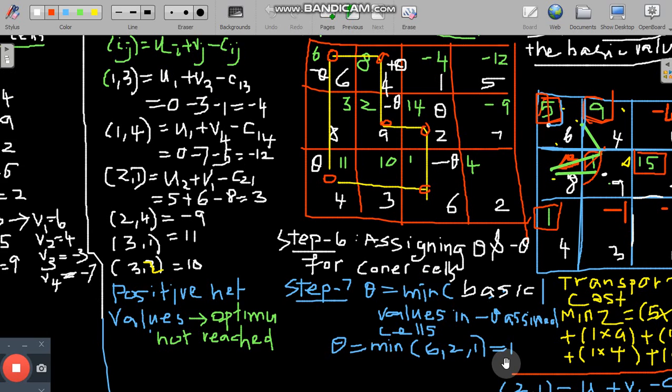Among them, the minimum is 1, so we substitute theta equal to 1. We got 6 minus 1, 5, and here 8 plus 1, 9, here 2 minus 1, 1, and here 14 plus 1, 15, and then here 1 minus 1, 0. Like that we got a new arrangement.